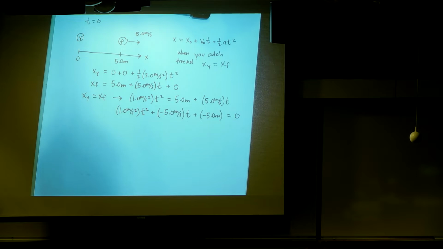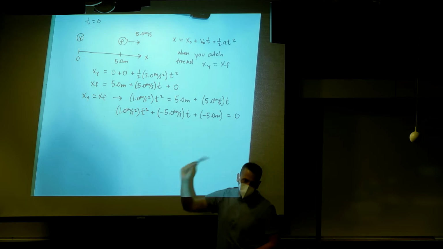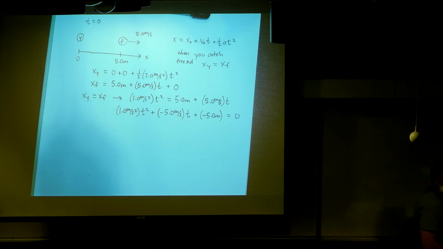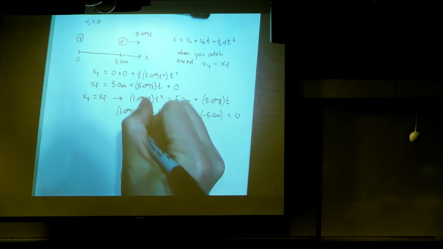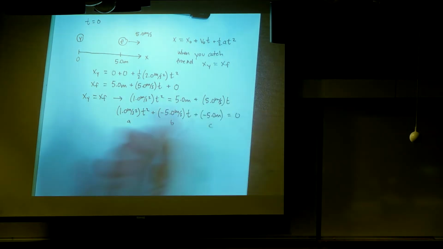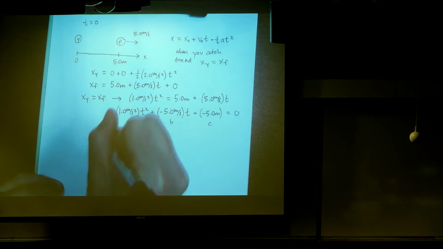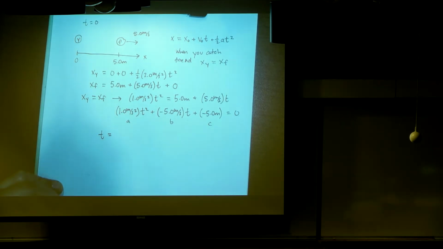Okay, so do you guys recognize what the a, b, and c terms are here? What's the a term? Okay, yeah, it's kind of already laid out as a, b, c, right? So we have a, b, and c. All right, so now if I'm trying to find the time, I have to apply the quadratic formula.